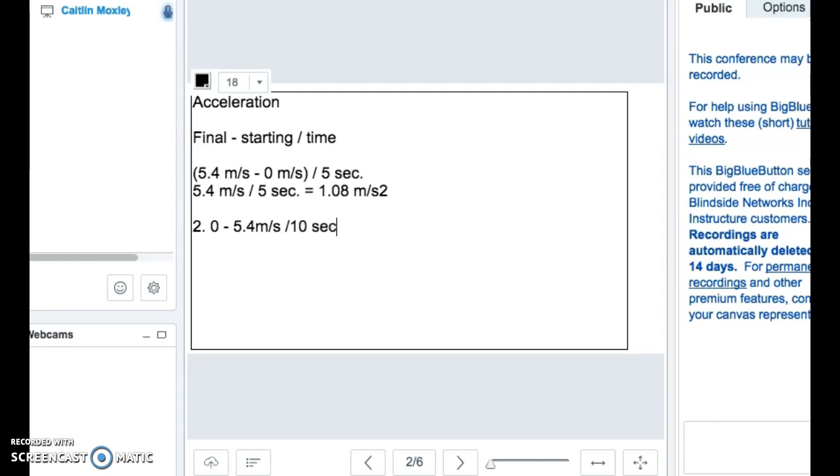And per our equation from number 2, we're going to divide by 10. Let me put some parentheses there so I'm not confusing you guys.